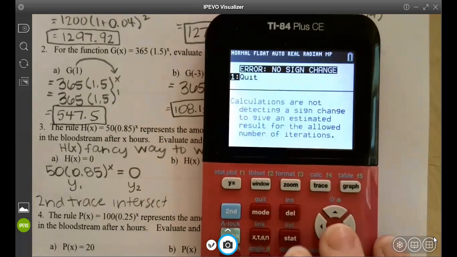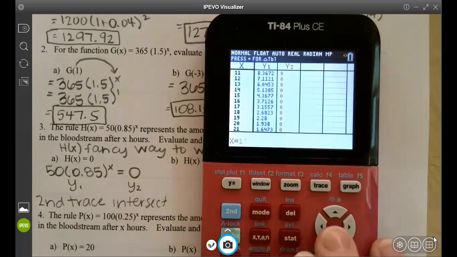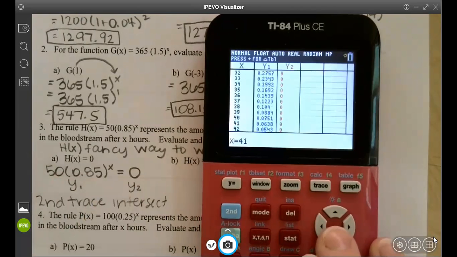Look in your table and see what we see. Here's 8, 2, 1. What do we want it to be equal to? 0. We want them to be equal. Do you see anywhere that's happening?